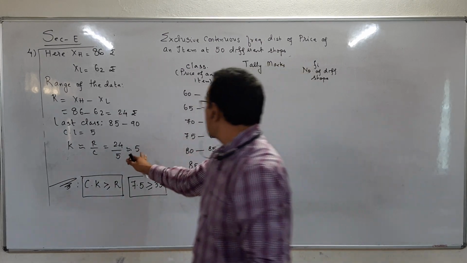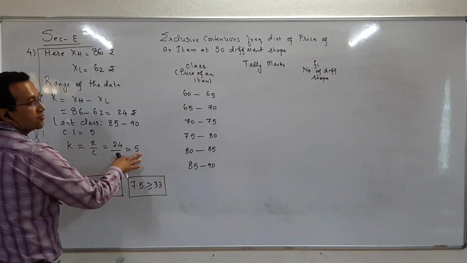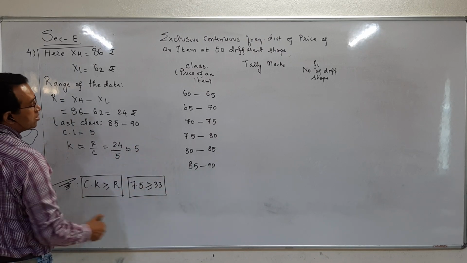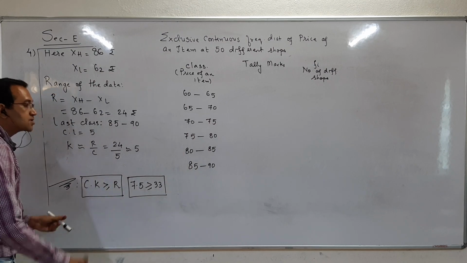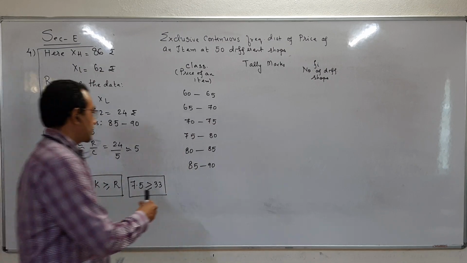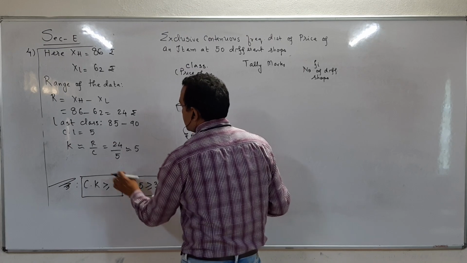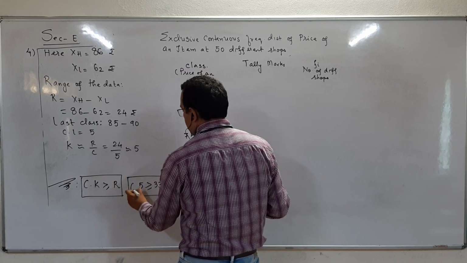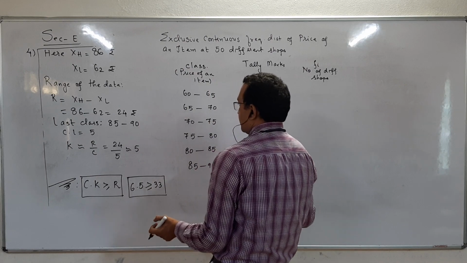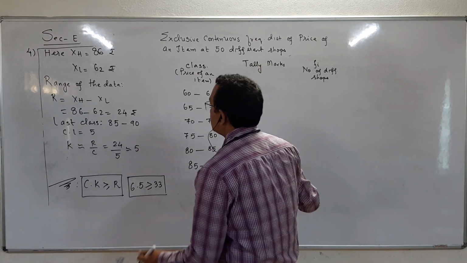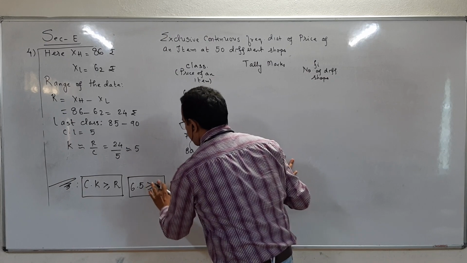As such, according to the formula, we should have minimum 5 classes. If I take 6 classes, it is not wrong, because they have told that the last class must be 85 to 90. So if I take 6 classes and the class length is 5, then 6 into 5 is 30, and the range is 24, correct?